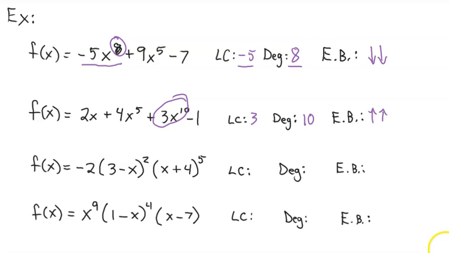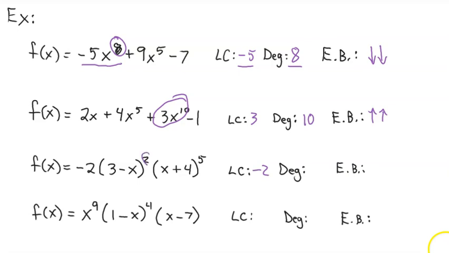This one's in factored form, so it's a little harder to tell, but we can see that we've got negative 1 squared, so that's 1, and we've got -2 here, so -2 times 1, because -1 times -1 is 1, and so the lead coefficient is -2.